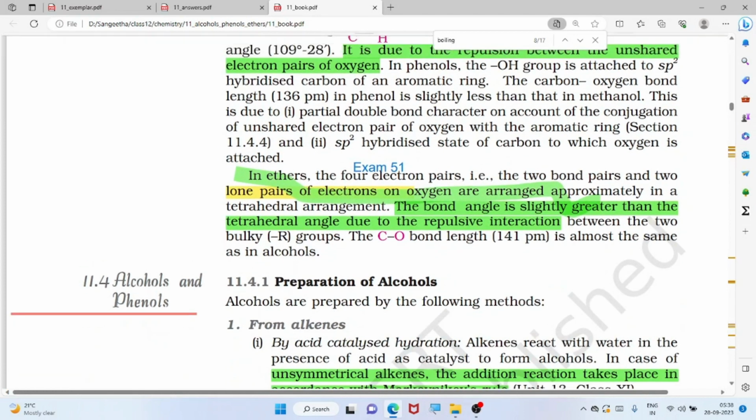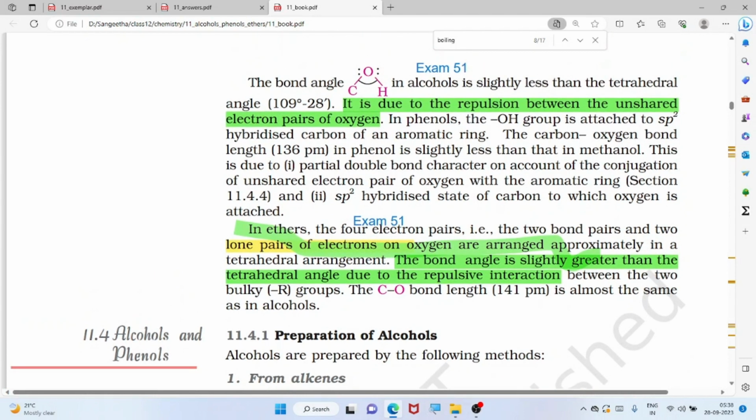In ethers, the four electron pairs, that is the bond pairs and lone pairs of electrons on the oxygen, are arranged approximately in a tetrahedral arrangement. The bond angle is slightly greater than tetrahedral due to the repulsive interaction between the two alkyl groups. This is alcohol and ether.